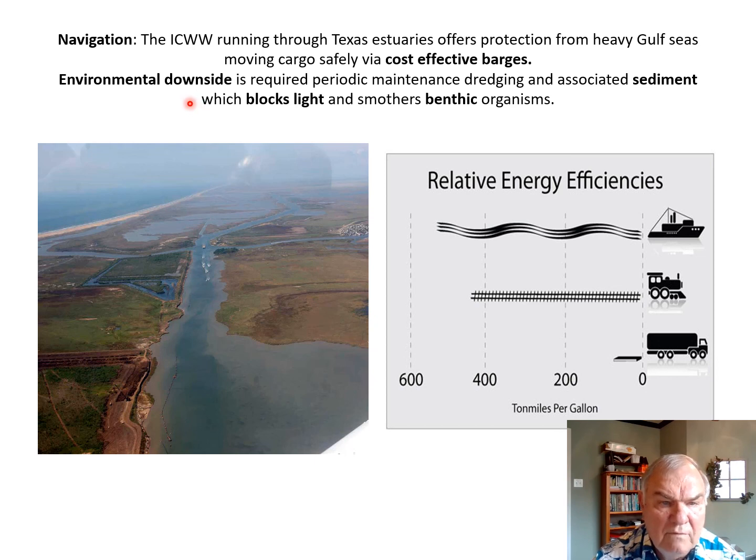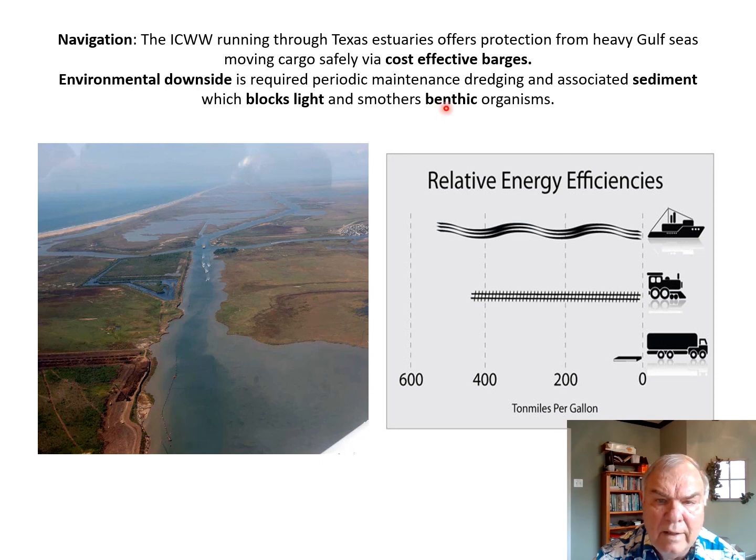There's one environmental downside: even though these are only 14 feet deep, they do occasionally require maintenance dredging, which results in a certain amount of turbidity and suspended sediment, which blocks light and smothers benthic organisms.